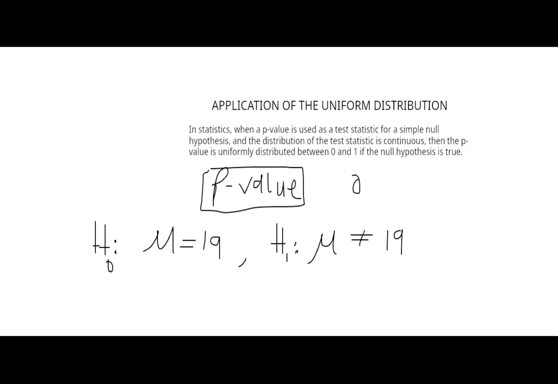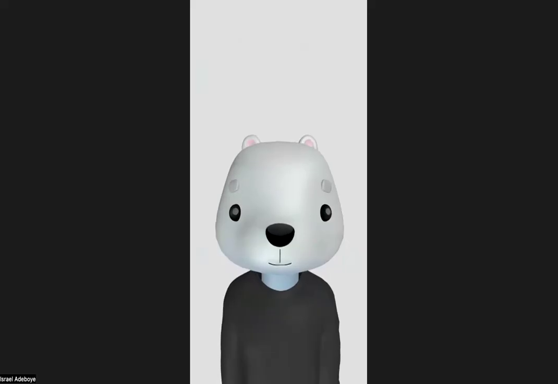For some of you who will be going into data analysis, hello, sorry. So as I was saying, the p-value is just one of the applications of your continuous distribution.